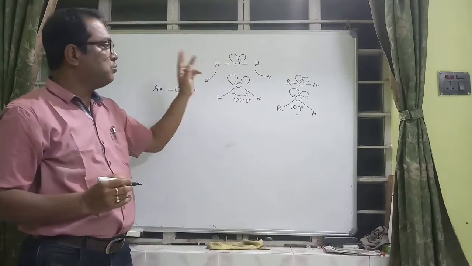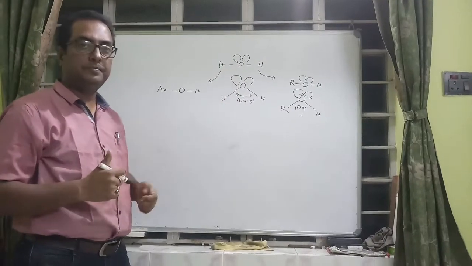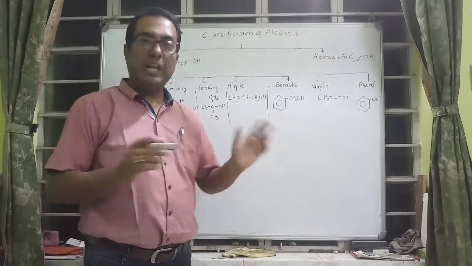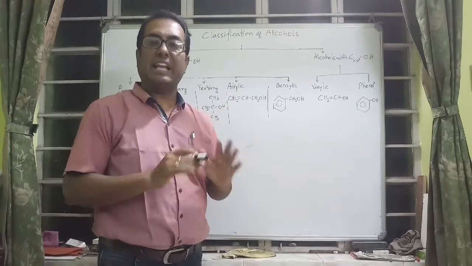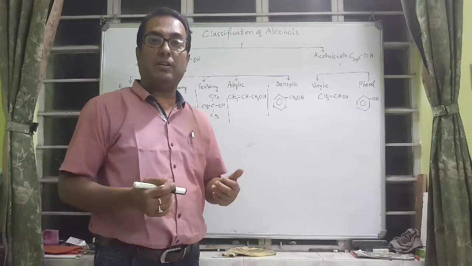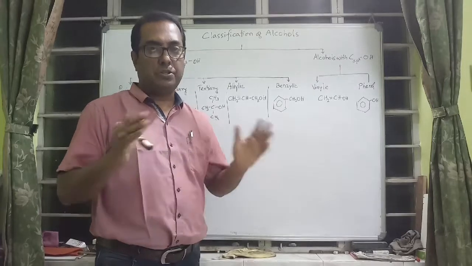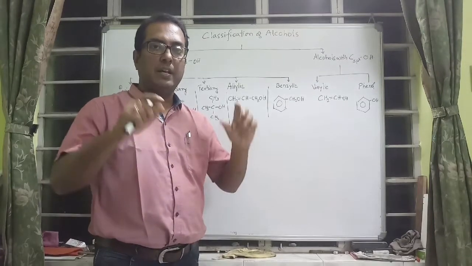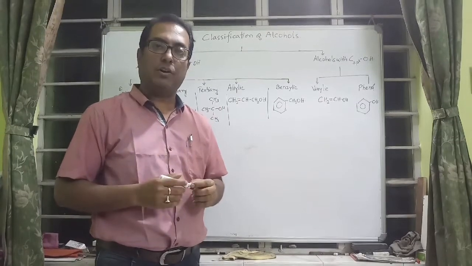So actually, alcohol and phenol are water derivatives. Today I would like to cover three important things. First, the classification of alcohols; number 2, the preparation of alcohols; and number 3, the physical properties of alcohols. So students, tighten up yourselves, take your copies and get ready for the classification of alcohols.